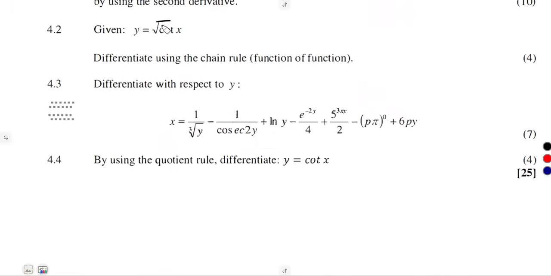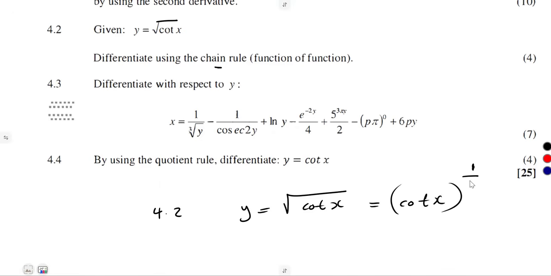Of cot x. From that one, they are asking us to differentiate using the chain rule. All right, so y is equal to the square root of cot of x, which is the same as cot of x to the exponent of what? Of a half.